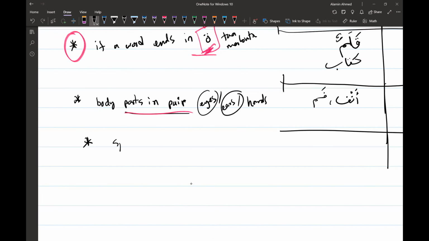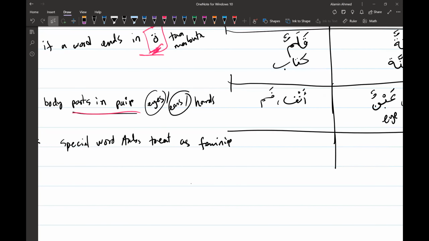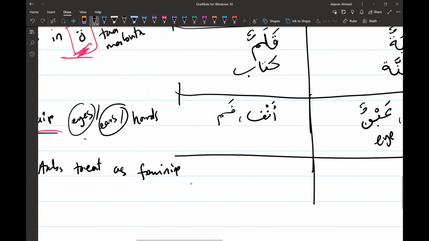So we have some special words that Arabs treat as feminine. For those words, there is no rule, meaning it's something that you just have to memorize. With a pair, you can understand there's some kind of rule.